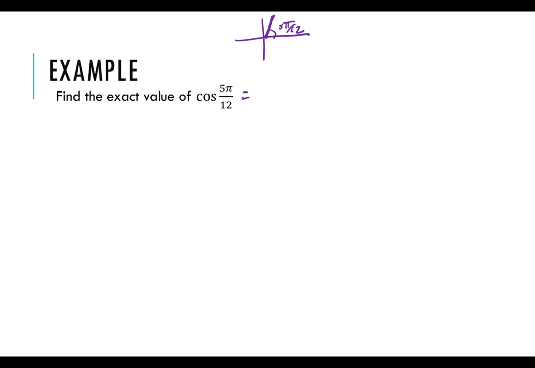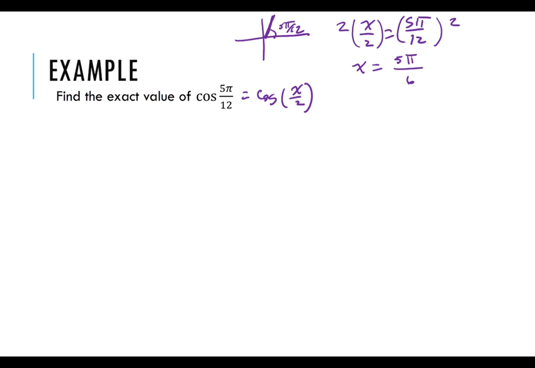But I still need to figure out how to rewrite this as some x divided by 2. If x divided by 2 is equal to 5 pi twelfths, then I can multiply both sides by 2, and I get that x is equal to 5 pi sixths. So this is cosine of 5 pi sixths over 2.